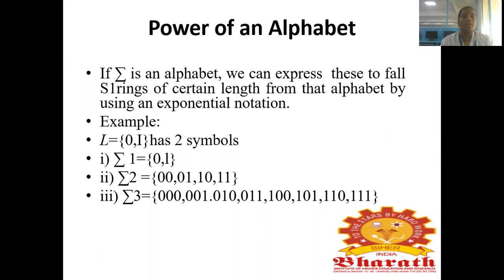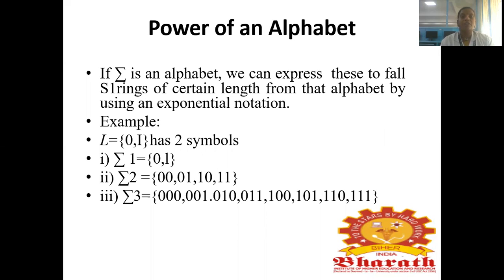For example, L equals 0, 1 as two symbols, so I can use only one symbol for the power of the alphabet, that is 0, 1. So epsilon power of 1 means it can be used for only one symbol at a time. Epsilon power 2 means double symbols, like 00, it can be used for finite automata machines.